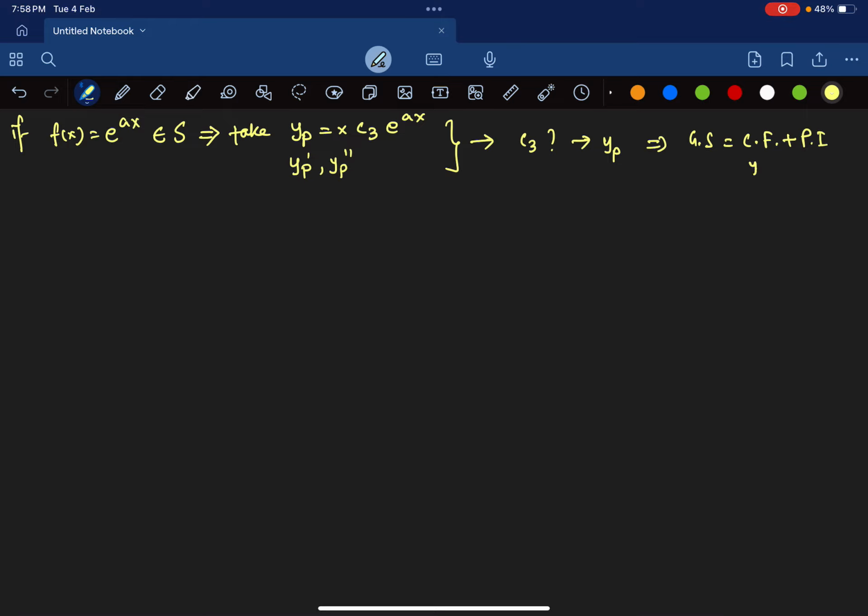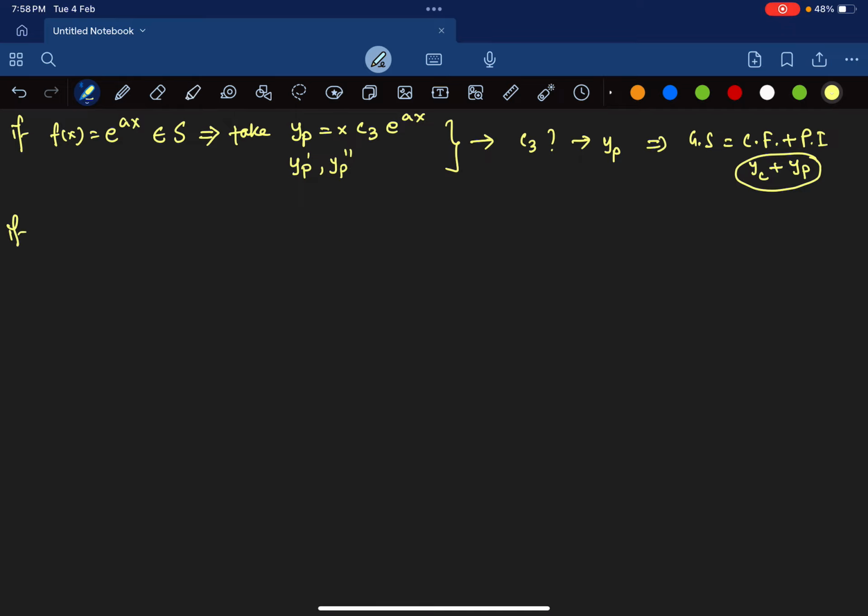CF means you already got yc, plus the yp value. That will be the general solution if f(x) is equal to e^(ax) and it is there in the solution set. These things will get more clear when you solve a few questions. Just wait for that.